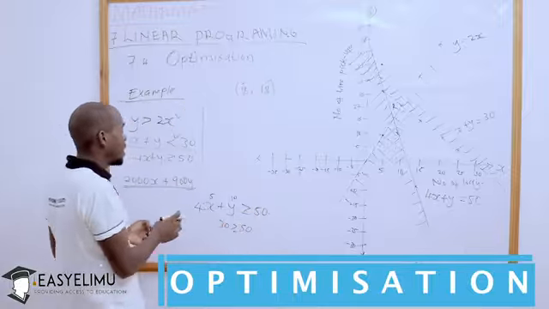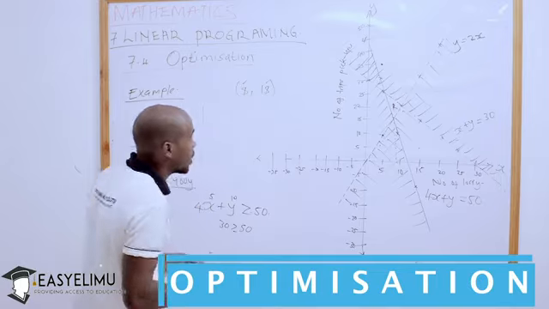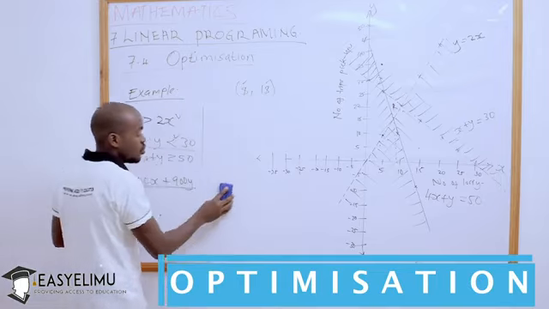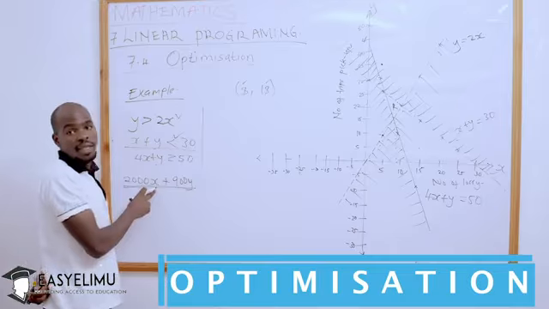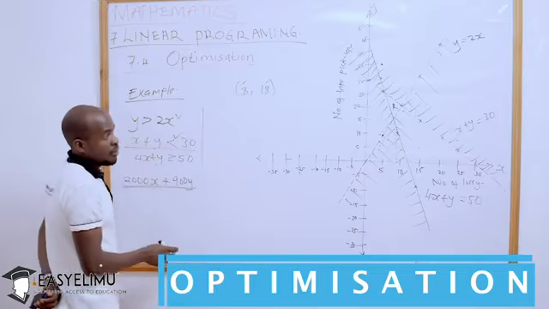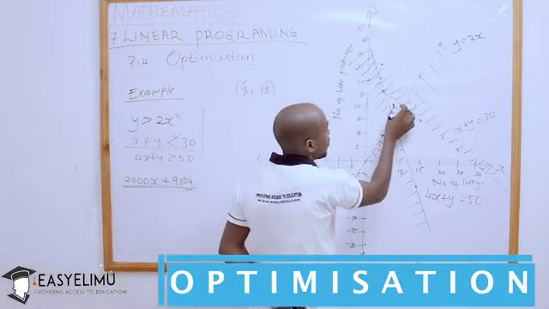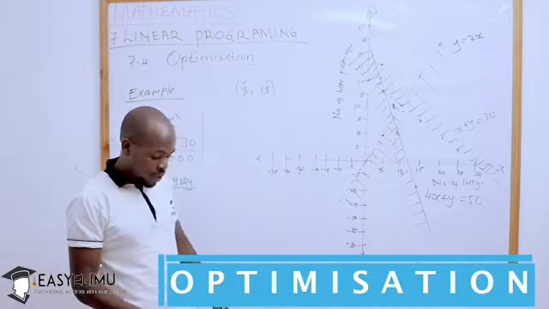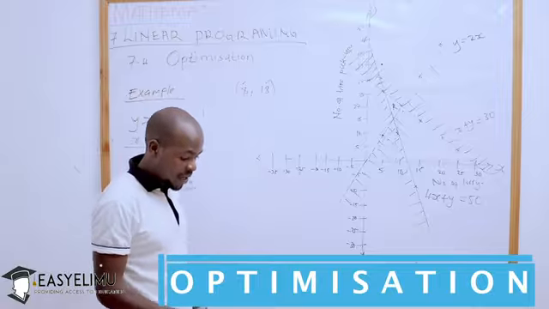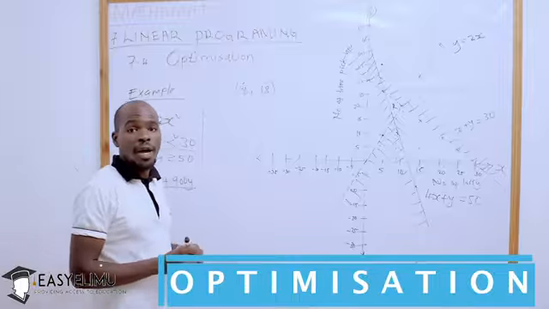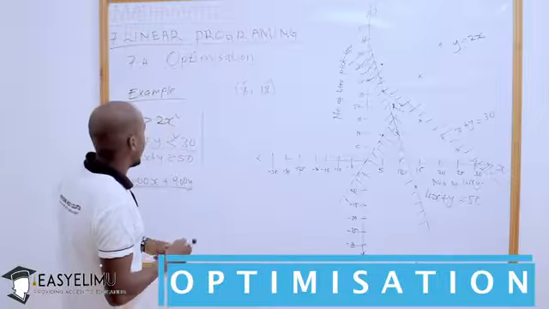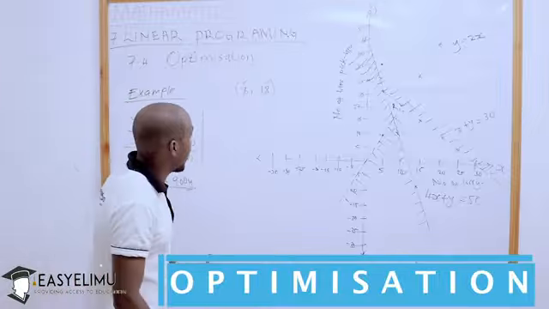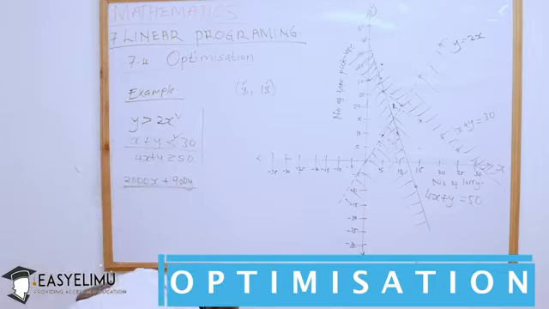And if you want to calculate the maximum or the minimum amount that the contractor will spend, you shall substitute where x is and y is. For example, you shall select some points from this region and you may select several of them. What you will find out is what we refer to as possible outcomes. You may have numerous points like we have said, and one will be part of them.